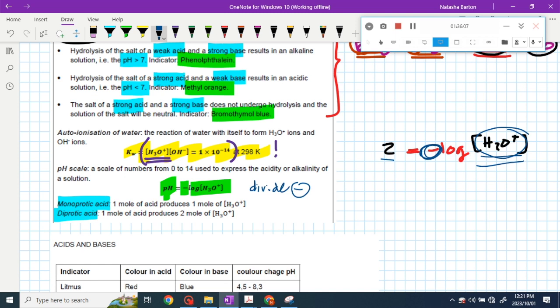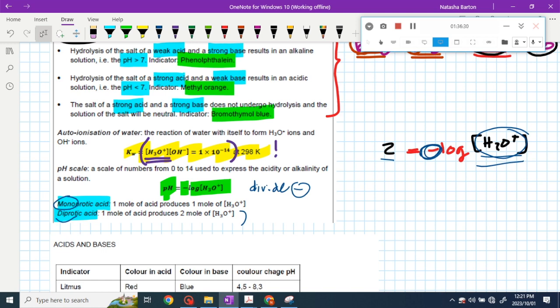Okay. Monoprotic, diprotic, this is going to affect your calculations. Monoprotic would be a substance that can donate 1 proton. Diprotic can donate 2. We speak about diprotic acid sometimes as polyprotic, meaning it can donate more than 1.